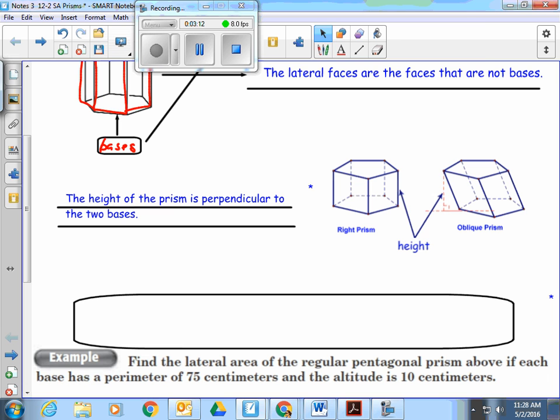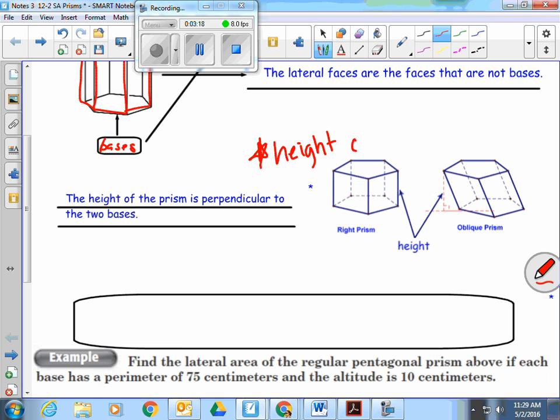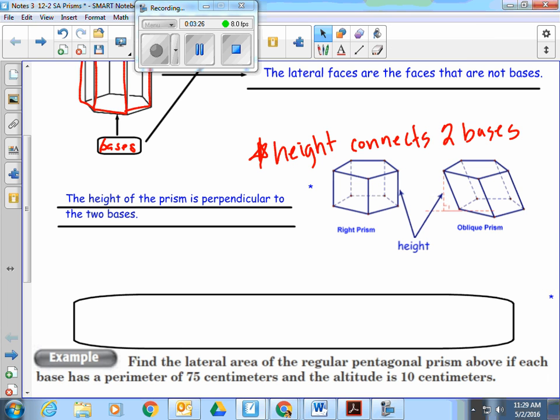So the height of the prism connects your two bases. And they're going to be 90 degrees.